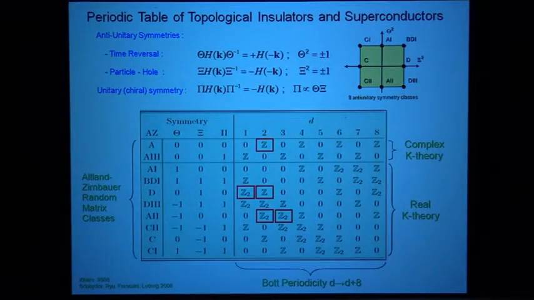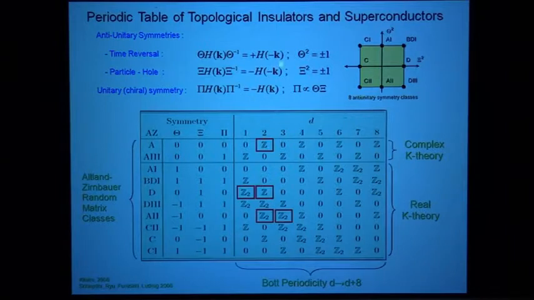If you have spinless electrons, it squares to +1, but electrons really have spin, so it squares to -1. You can also have particle-hole symmetry, which anticommutes and squares to plus or minus 1. Or you can have the unitary chiral symmetry, like we had in the Schrieffer-Heeger model, which you can think of as the product of these two. That's a unitary operator that anticommutes with the Hamiltonian.